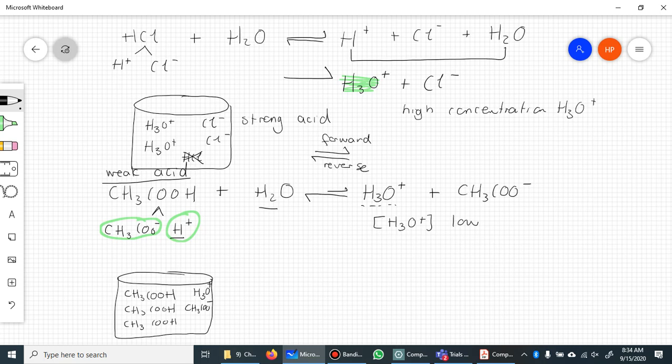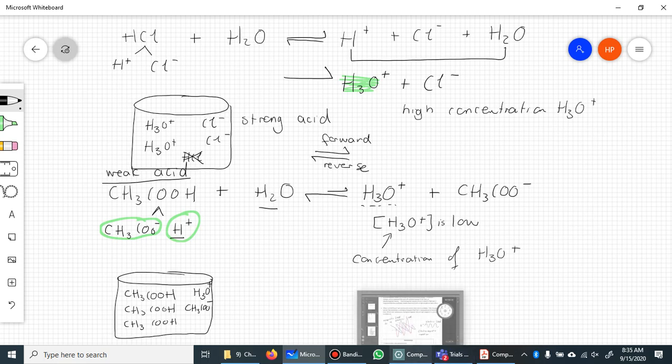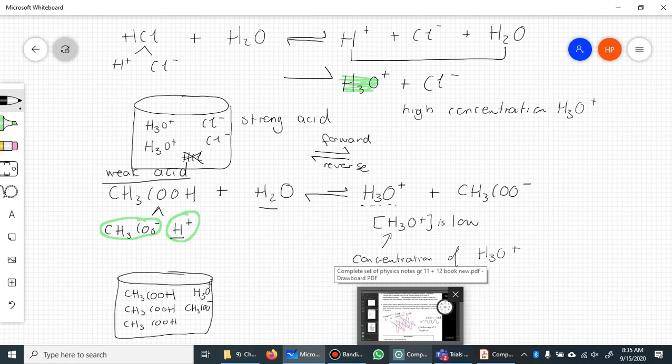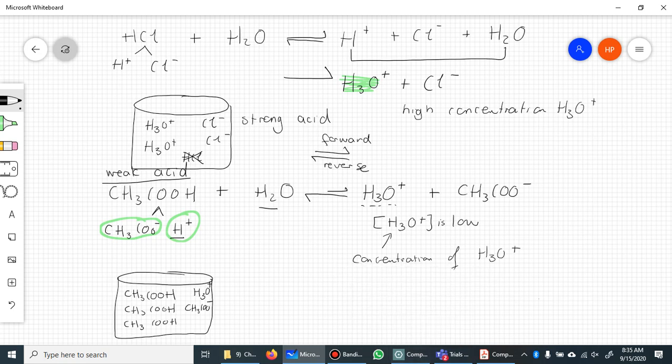How that reads is the concentration of hydronium is low. You can do that from now on. So you can use square brackets, and that means the concentration of something. Make sure you draw a little picture for yourself so you can get a visual of all of this.